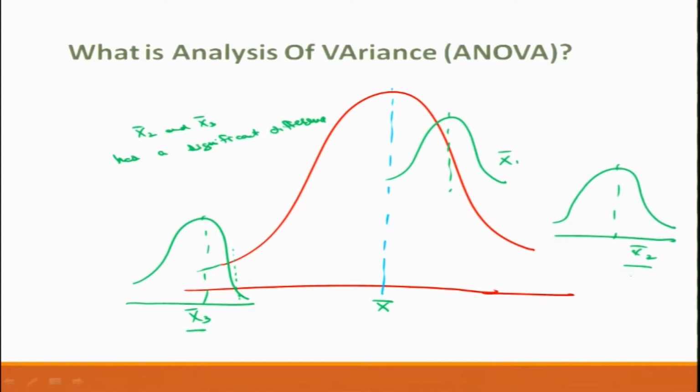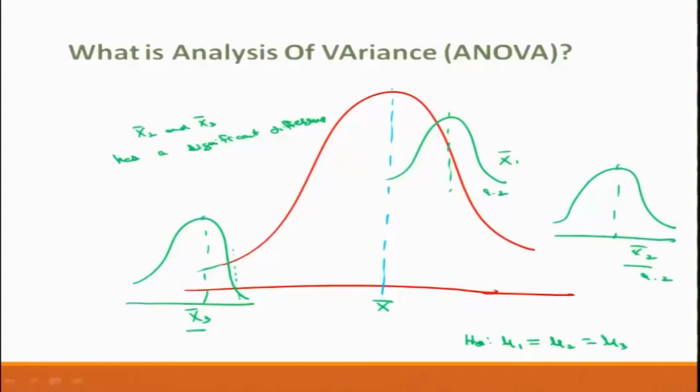So, the hypothesis in ANOVA is put like this: H naught, the null hypothesis, is mean 1 is equal to mean 2 is equal to mean 3. Please remember, we are not saying that they are exactly equal; that means the means are similar, they belong to the same population.